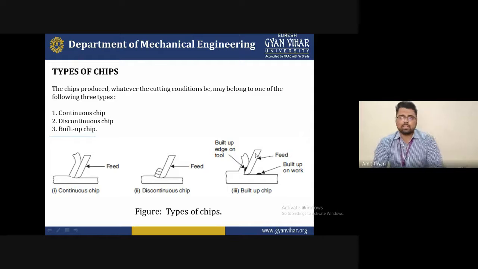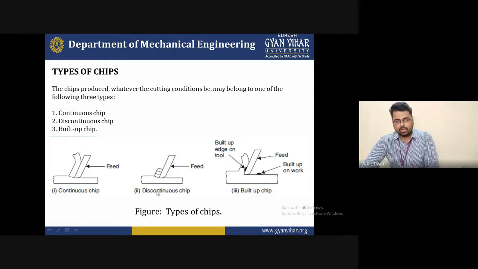It depends totally on the cutting parameters and on maintaining the temperature in the zone, because we know that 80% of energy is converted into heat in continuous chip formation. These are some of the disadvantages in discontinuous chip formation and build-up chip formation. Generally we require the continuous chip for good machinability, and it is generated on ductile material.